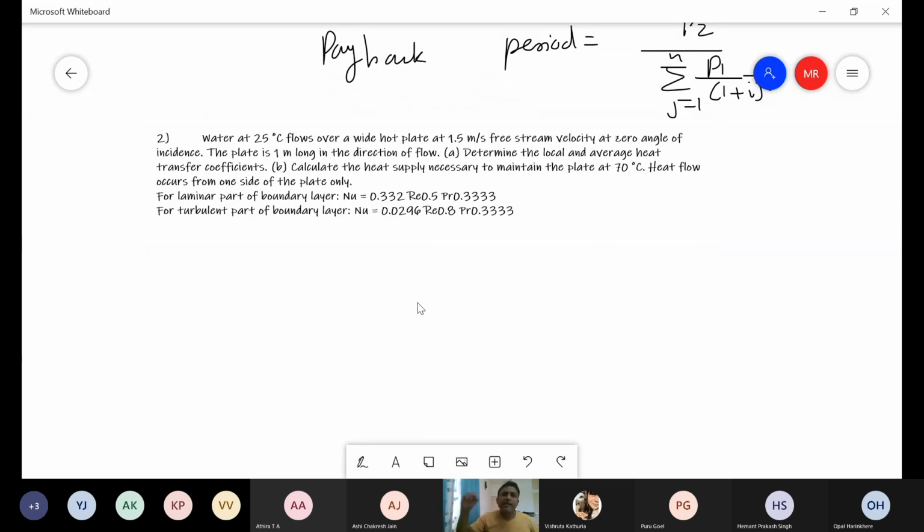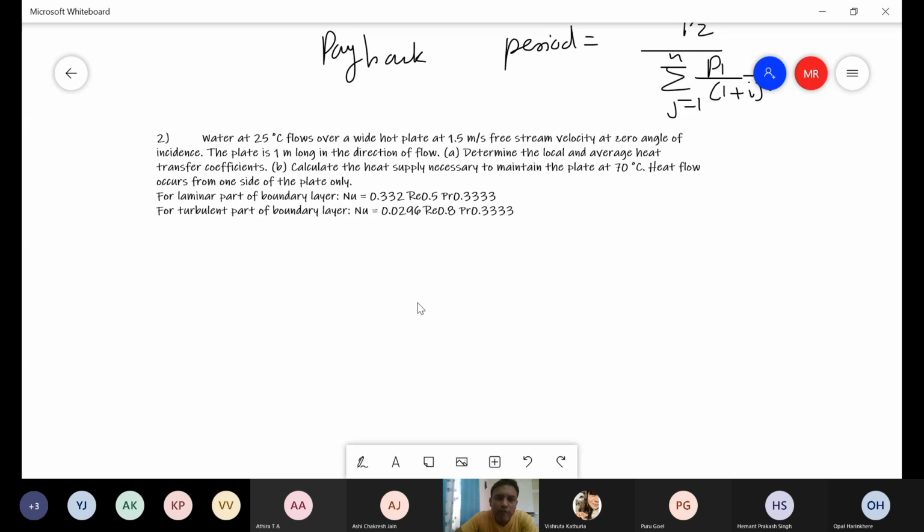Now what is given in the second problem is water at 25 degrees Celsius flows over a wide hot plate at 1.5 meter per second free stream velocity at a zero angle of incidence. The plate is 1 meter long in the direction of flow. Determine the local and average heat transfer coefficients. Calculate the heat supply necessary to maintain the plate at 70 degrees Celsius.